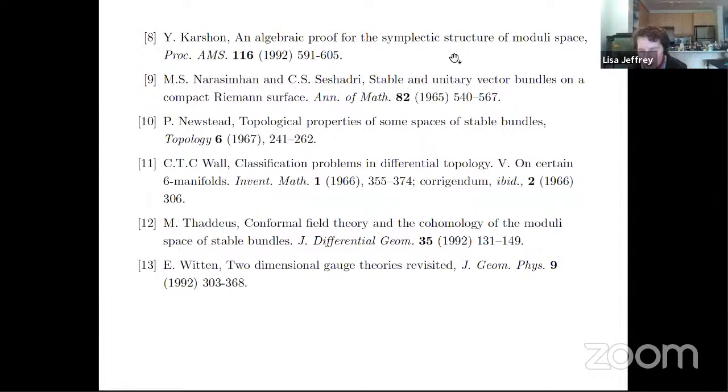So Atiyah-Bott's result is over Z, and that is known for all genera and for SU(N). Okay. And that came out to be torsion free. Yes. Atiyah-Bott proved that those spaces were always torsion free.